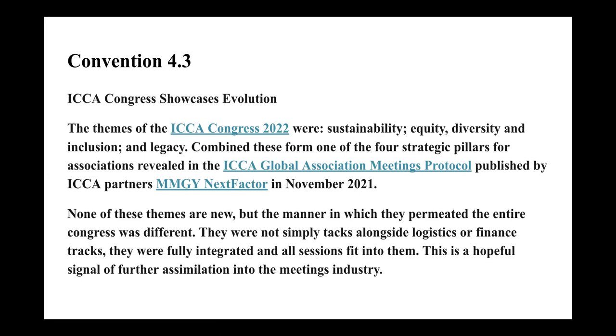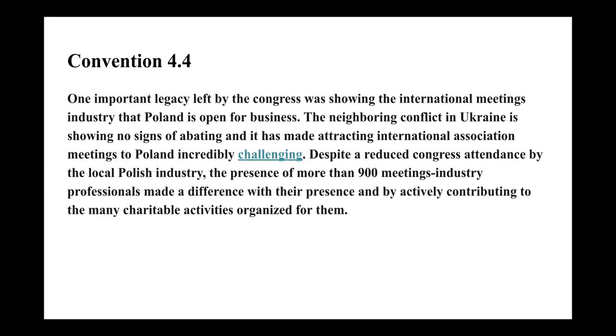Another aspect we have to see is that it's not a simple track alongside a logistics or finance track. We have to come up with some integration and apply them to each other, because they connect to each other in the meeting industry. Next is the Congress shaping the international meeting industry.